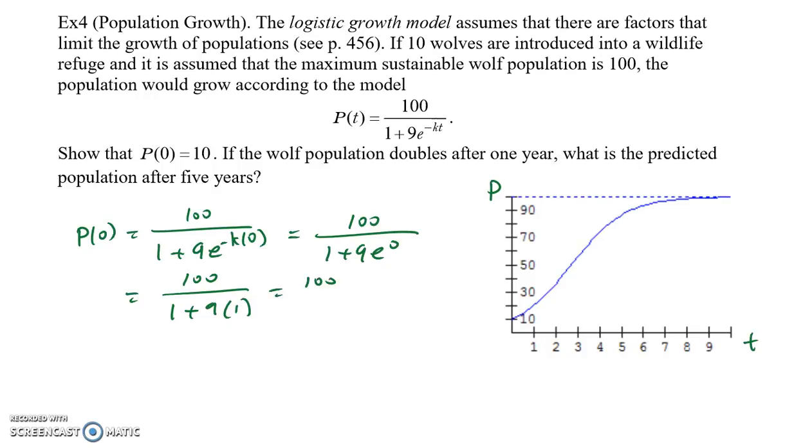That is 100 over 1 plus 9, which is 10. And 100 divided by 10 is 10. So the initial population is 10, and that's the point that we see at t equals 0. You can see that the curve starts at P equals 10, exactly as the model would indicate.